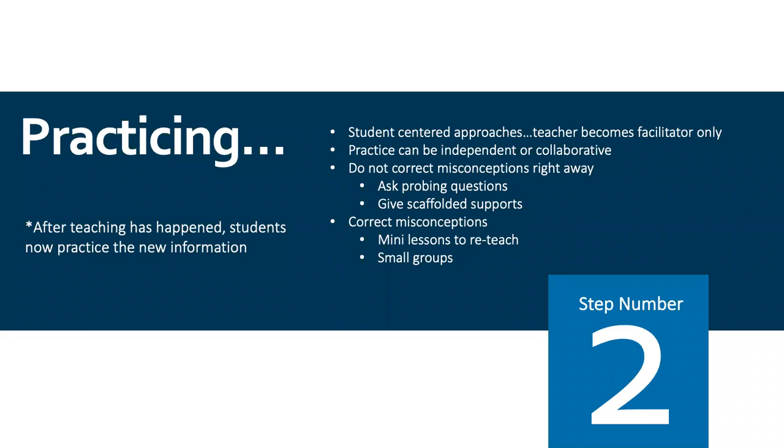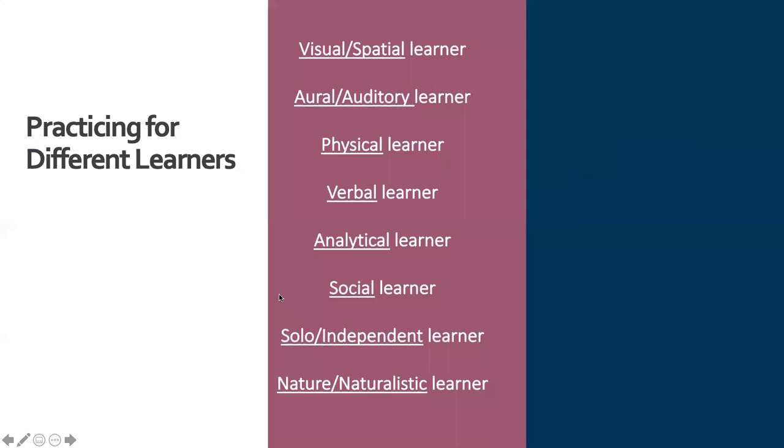This could be a mini lesson for a handful of students that are really struggling with it. It could be putting them into small groups, where the groups that are ahead begin to practice or to deepen, and then the teacher works with the ones that are struggling. But this is where we stop the misconceptions and the mistakes, and we make sure that we correct them and work with the child to fix it.